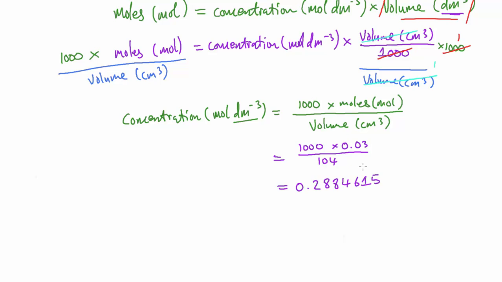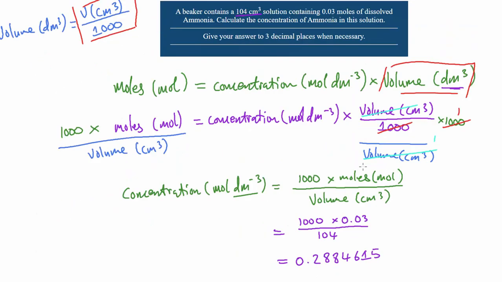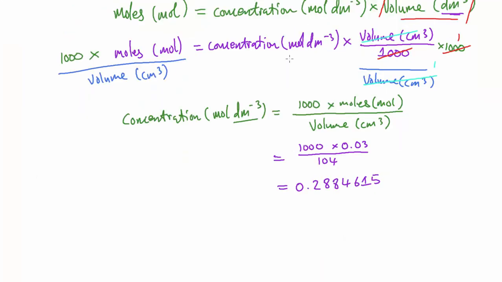Now, our question specifies that we need to give our answer to 3 decimal places, so in this case we're going to need to round this. So this would be equal to 0.288.